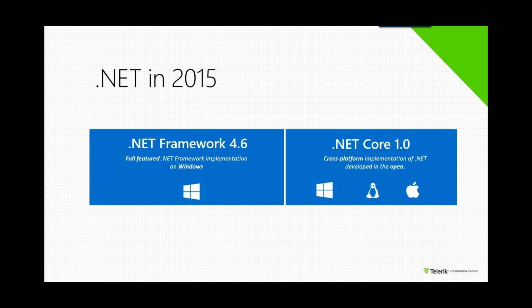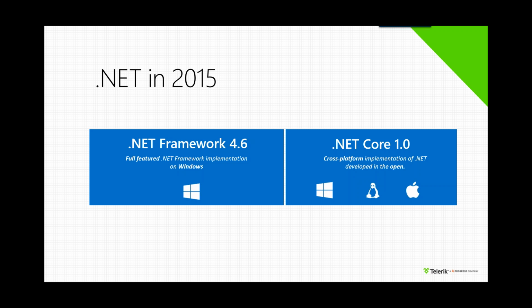That's why you cannot go cross-platform, meaning you cannot take .NET Framework 4.6 and run it on a Linux or Mac OS or on a Raspberry Pi. No, you can't. So what Microsoft did was they rewrote the .NET Framework and they call it .NET Core 1.0. So now as a developer, you have the choice of using two things. Do you want to use .NET Framework 4.6 or do you want to use .NET Core 1.0?